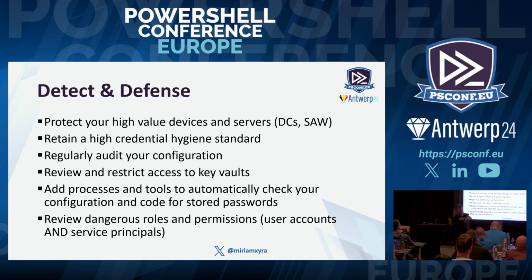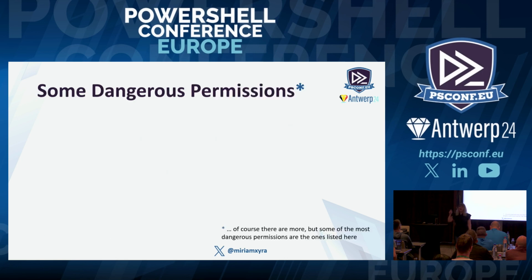So I know we are already one minute over, but let's shortly look into the dangerous permissions. I just listed some of them that I found during my research being very dangerous. In general, you have those evergreens: read, write, full control, and manage.